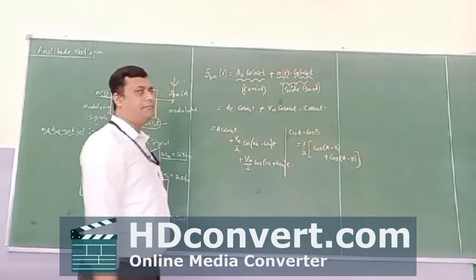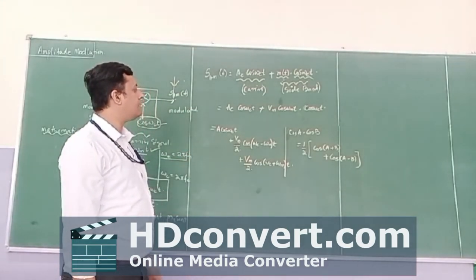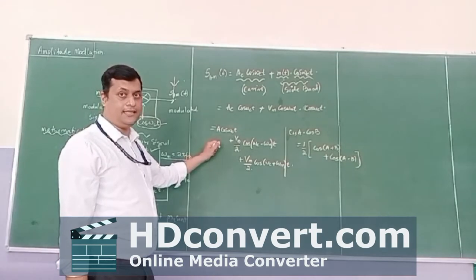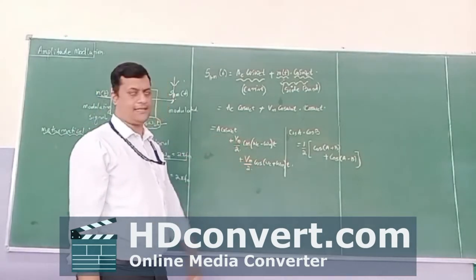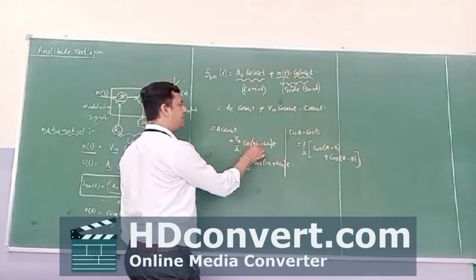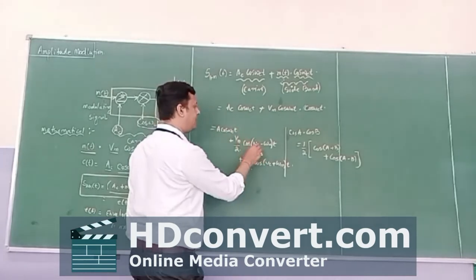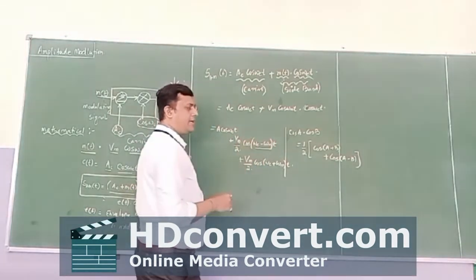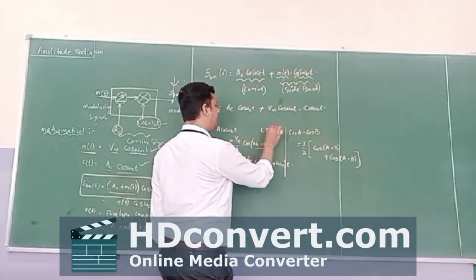Now this representation is done with respect to the carrier component, and two sidebands are available. I will show the two sidebands while representing in the frequency domain. Omega_c minus omega_m is the LSB component.